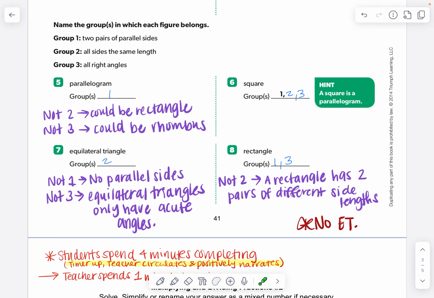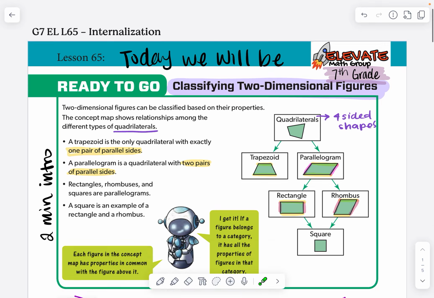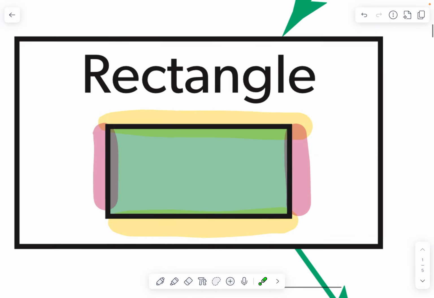So for example, which of these are classified as parallelograms? Does a parallelogram have 2 pairs of parallel sides? Yes, it does. It's in the name, parallelogram. Does a parallelogram have all sides the same length? No. Because a parallelogram could also be a rectangle, right?